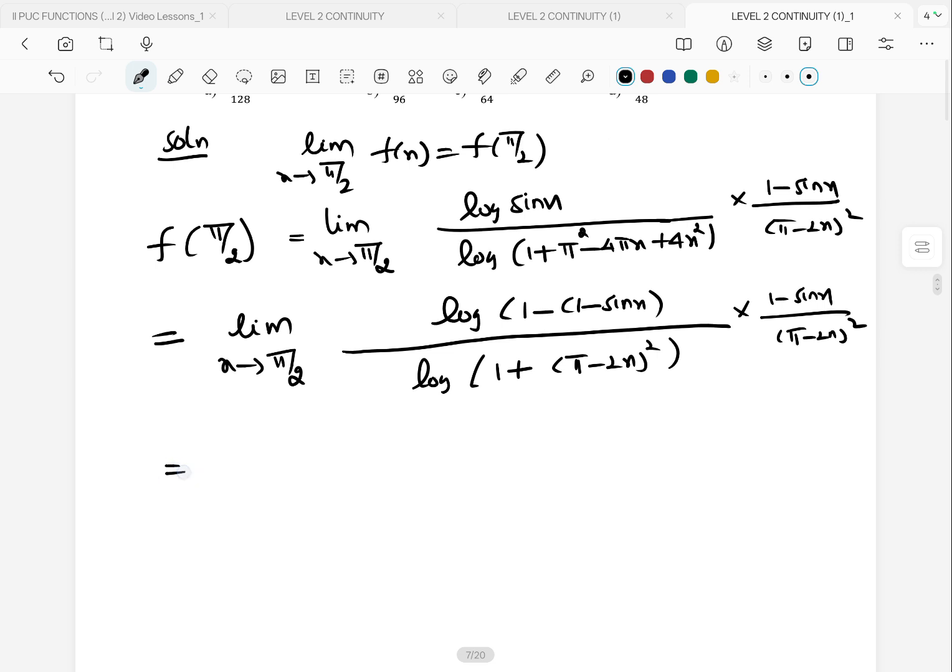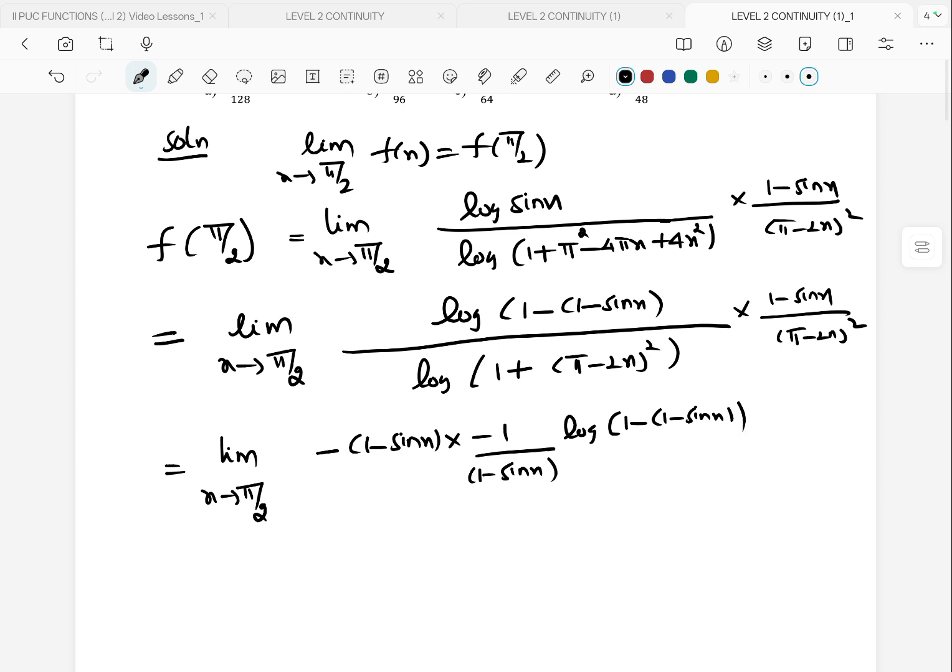The next step, limit x tends to pi by 2. I am going to multiply and divide by minus of 1 minus sin x in the numerator, into log of 1 minus of 1 minus sin x.